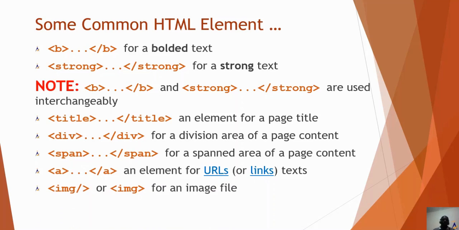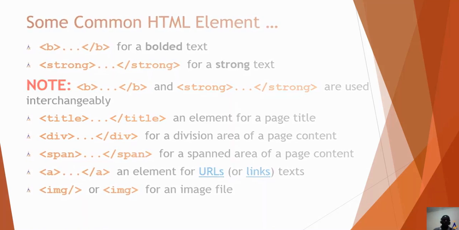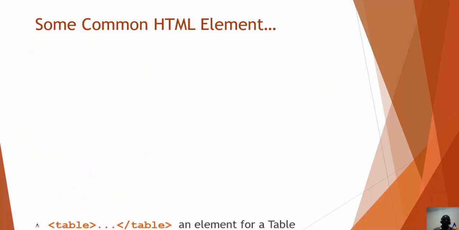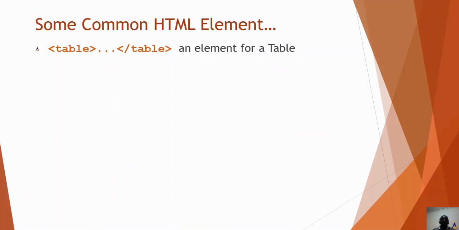Img is a tag used to include an image file into the body content. We have table. The table element is used to insert a table into a web page. If you want to insert a table, it is simple to use the table tag.